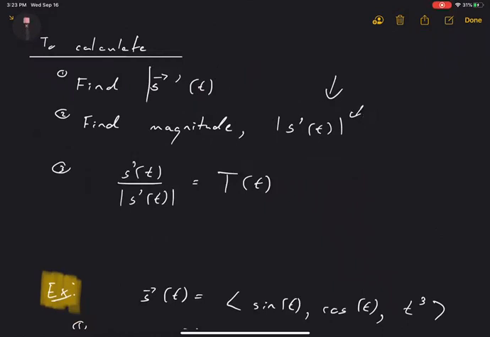And the unit tangent vector, we use it in a lot of calculations. We give it its own special notation, capital T of t. Where this T is usually a bold T, or we can think of it as T with an arrow over it. That's our notation for our unit tangent vector. So big T for tangent, unit tangent. Okay. So you'll see that notation a lot.